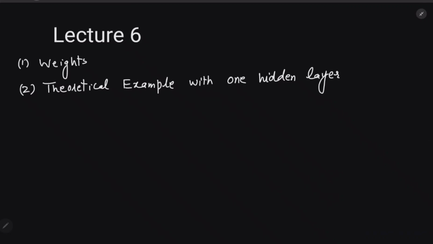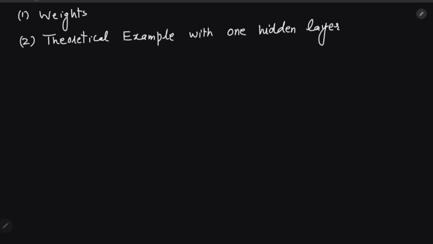In this video, I will talk about weights in artificial neural networks, and we will discuss these weights with a theoretical example. So let me just go straight to the example. Suppose we have an input layer.